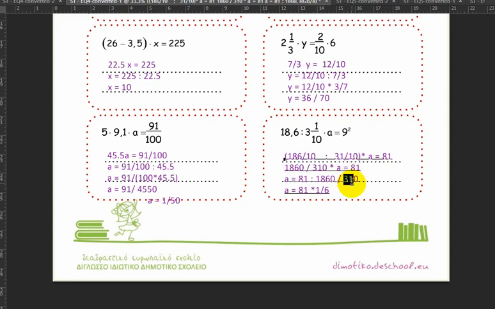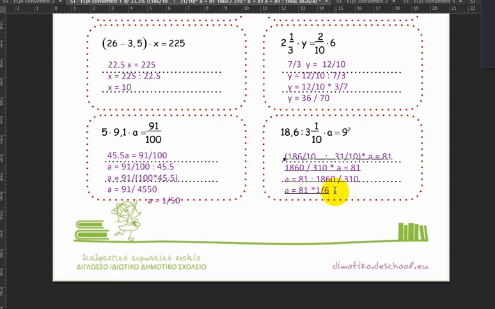Notice that 6 times 31, you get 186, right? So if you multiply 31 by 6, you get 186. Noticing that allowed me to simplify this fraction, make it so much simpler, turn it into 1/6.